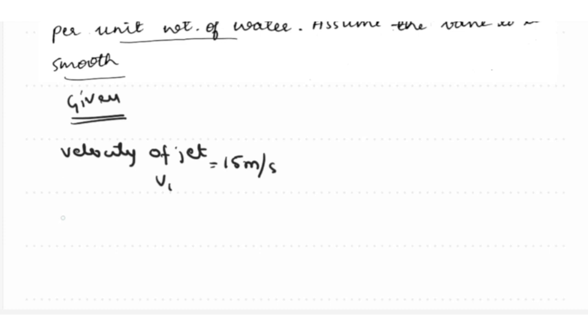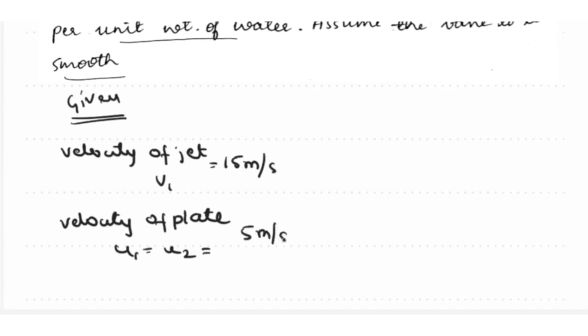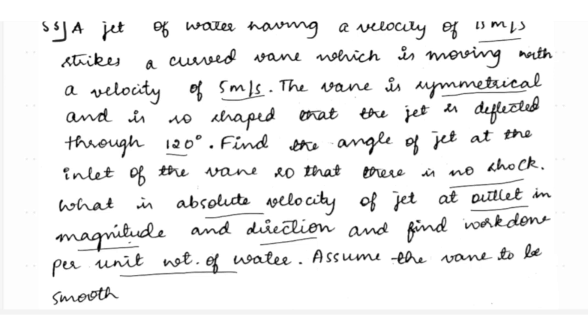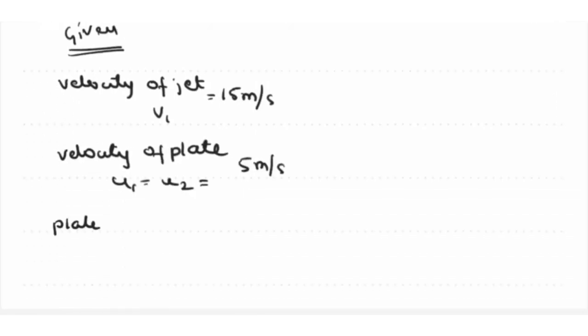So that is velocity of plate, that is U1 is equal to U2 is equal to 5 meter per second. So vane is symmetrical, so that is beta 1 is equal to beta 2. Since the plate is symmetrical, beta 1 is equal to beta 2.